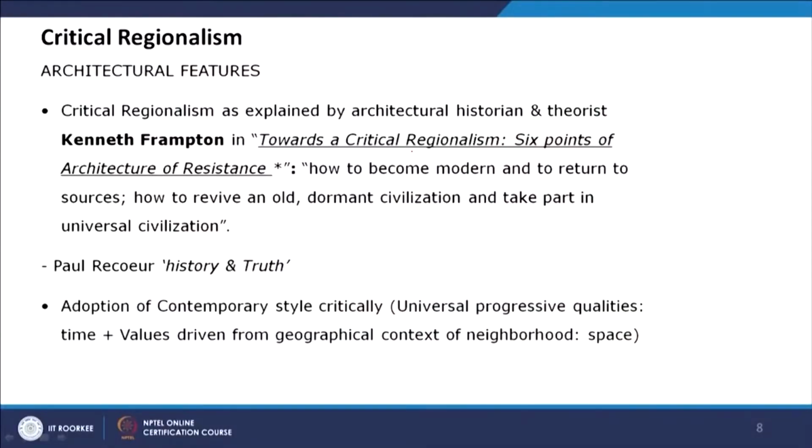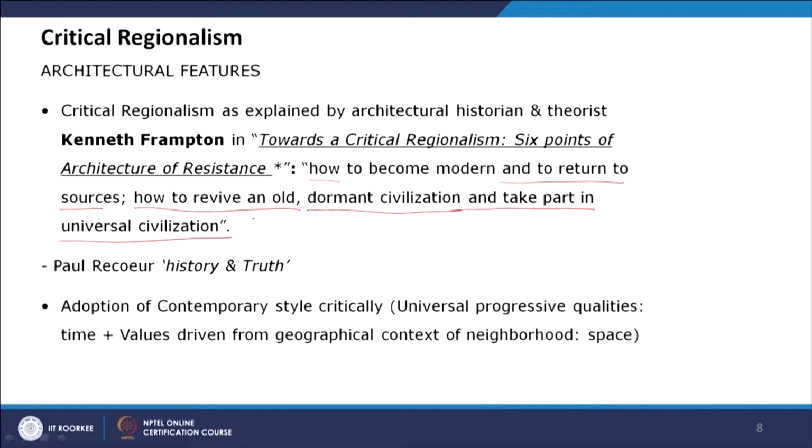So another theoretician, Kenneth Frampton, explains the critical regionalism in his write-up. Critical regionalism, as explained by architectural historian and theorist Kenneth Frampton, in Towards a Critical Regionalism, Six Points for an Architecture of Resistance, he talks about how to become modern and to return to sources, how to revive an old dormant civilization and take part in the universal civilization.